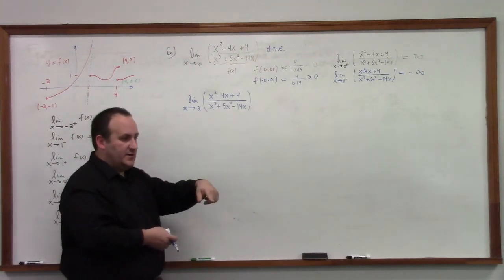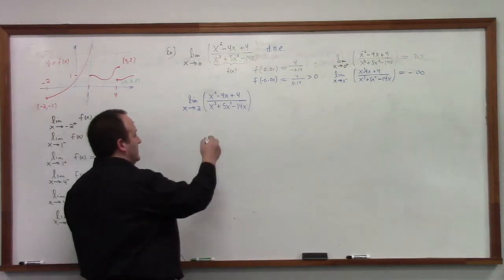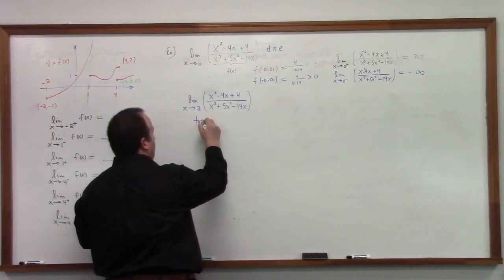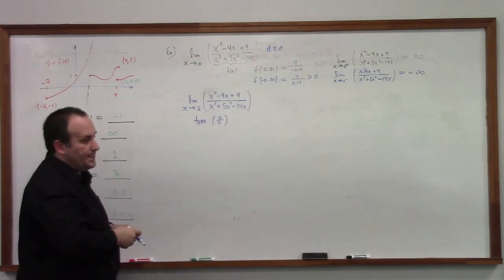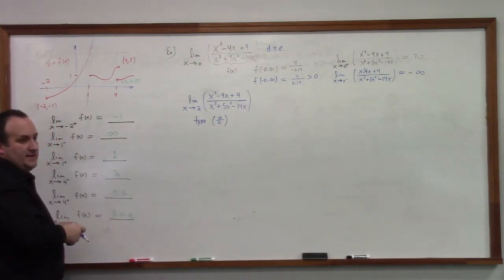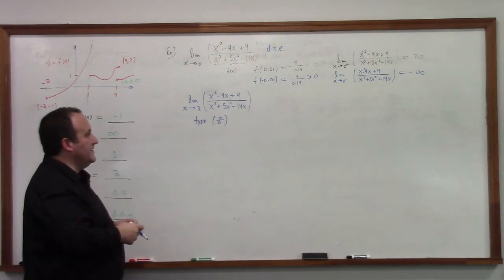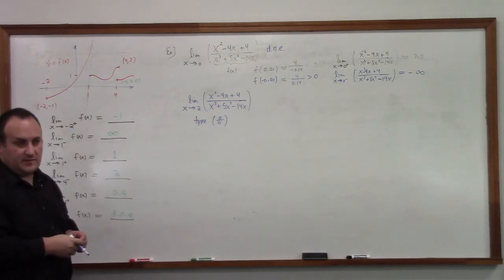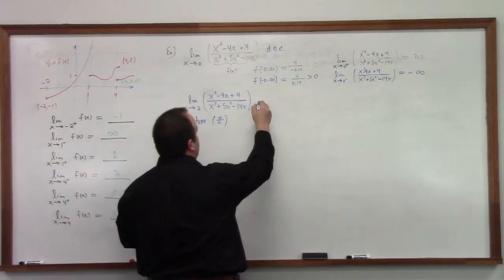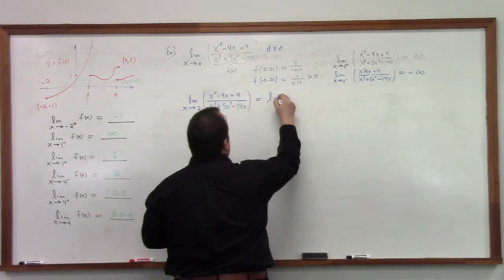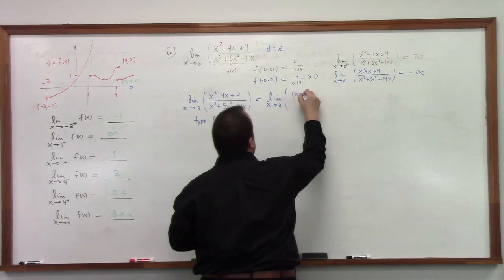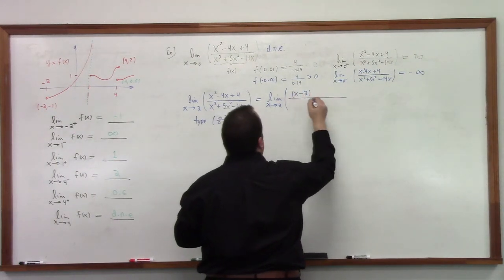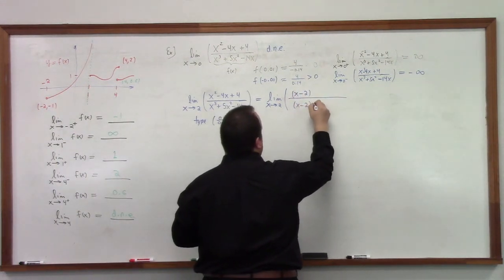Now this is the one that you're thinking about. This is type 0 over 0, and that's where we want to do some algebra. If our limit is x goes to 2, we want to factor out x minus 2 in this kind of situation. So can you guys help me out? How do we do that? I'm going to assume we can factor x minus 2 out of both of these.